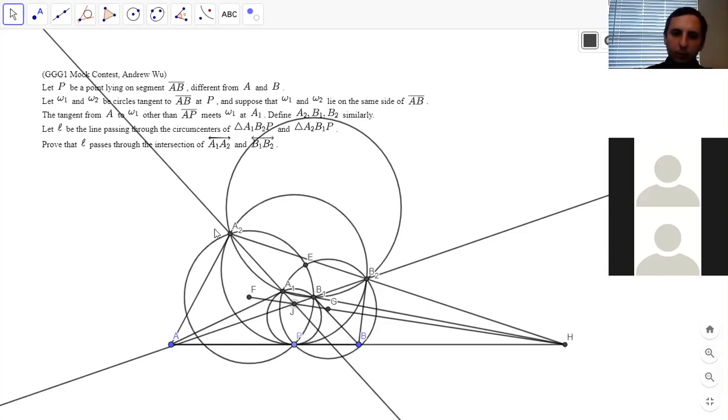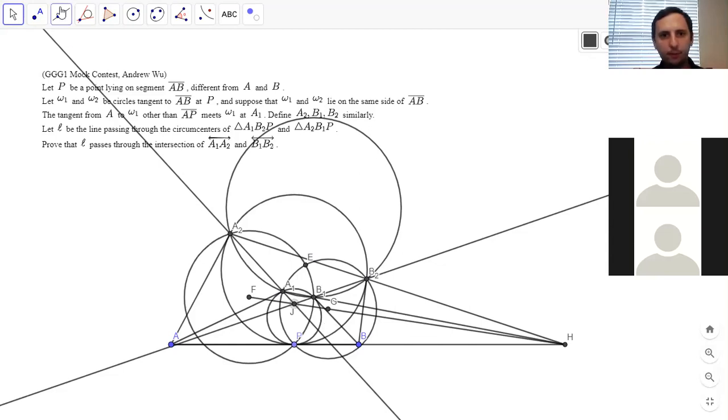So once we know that this is cyclic, can we show FA2 and FB1 are tangent to the circle? I think so, because then we could show FG is the polar.